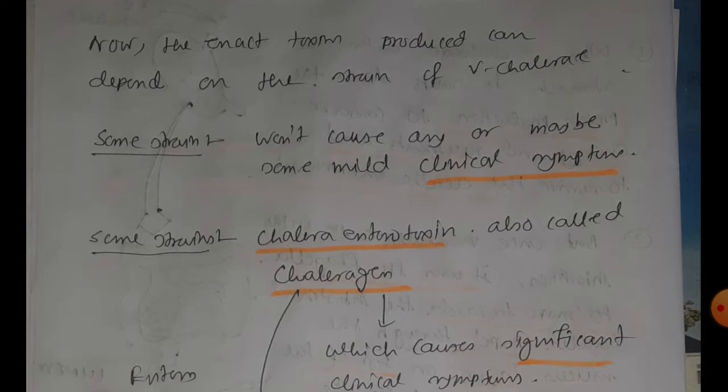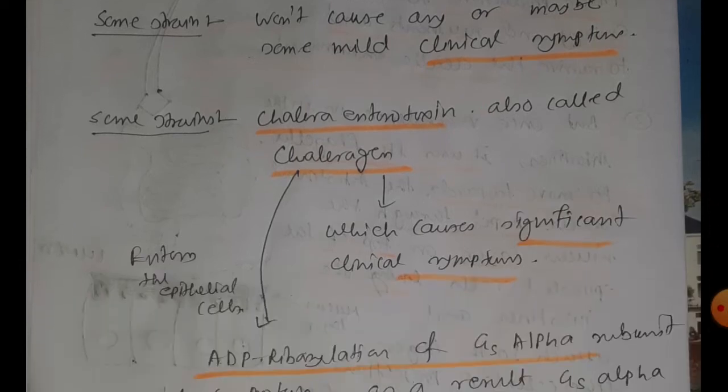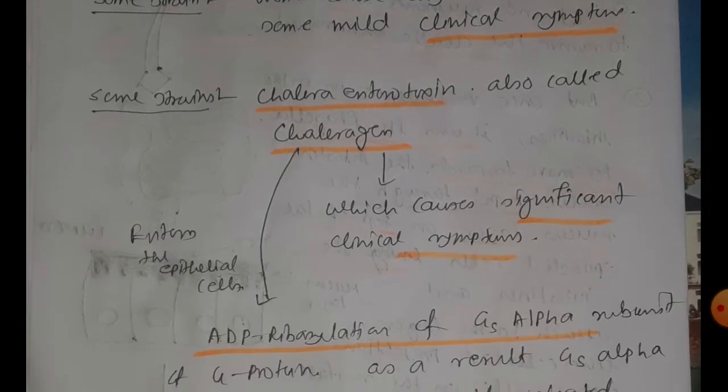Other strains produce a special type of toxin which is an AB type toxin in nature, an exotoxin named cholera enterotoxin or choleragen, that causes severe clinical symptoms.